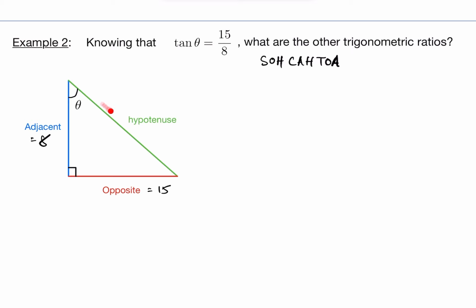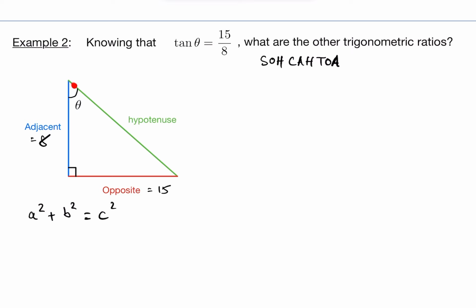Well, to find the side, we use the Pythagorean theorem, and the Pythagorean theorem states that a squared plus b squared is equal to c squared. Well, we can call this side A and this side B. You can also call this side A and this side B. It doesn't matter.